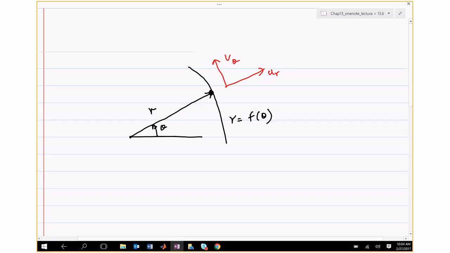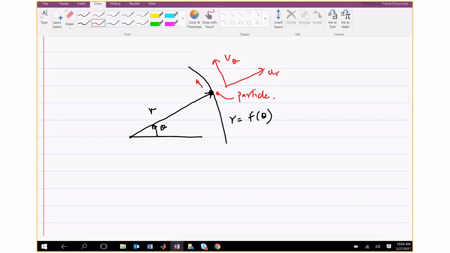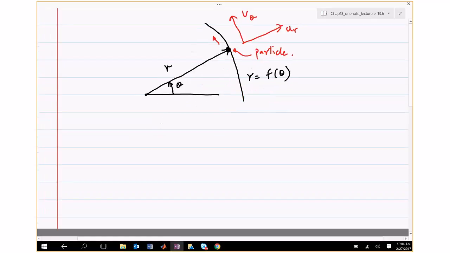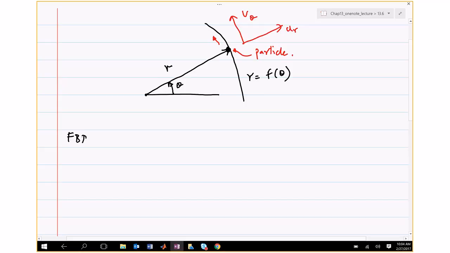So in this case, the particle is moving upwards. Again, what you do is you draw the free body diagram, and you resolve the forces in the r direction and the theta direction.